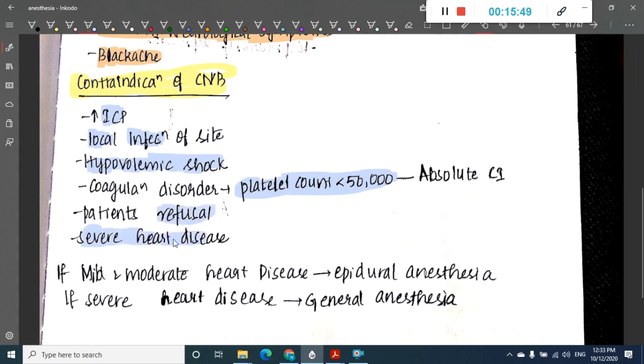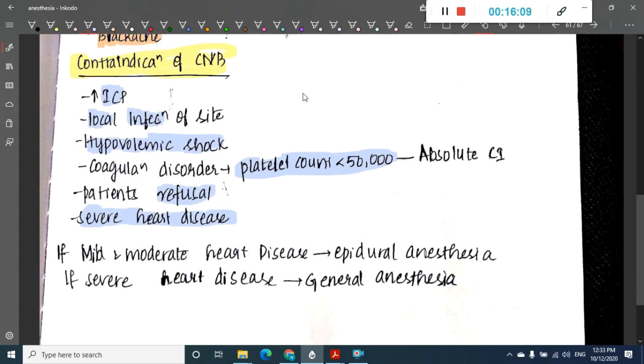All these are the contraindications of neuraxial blockade.